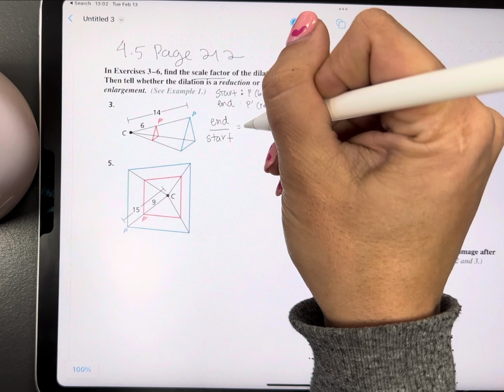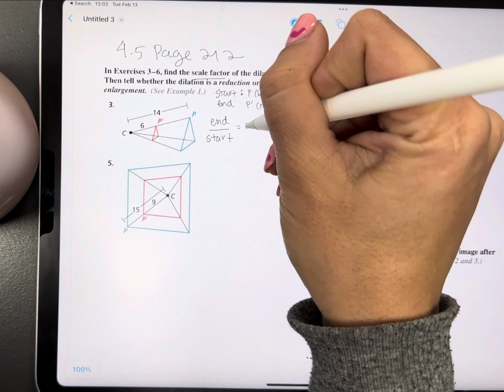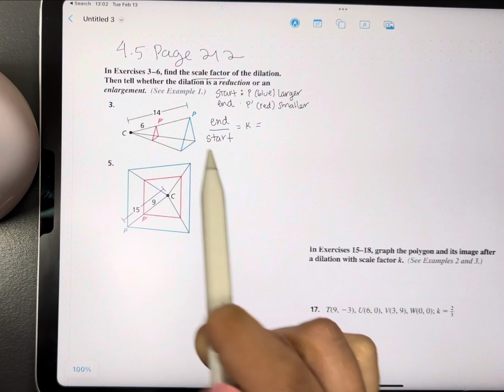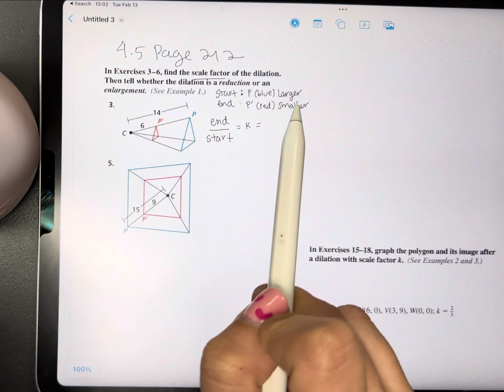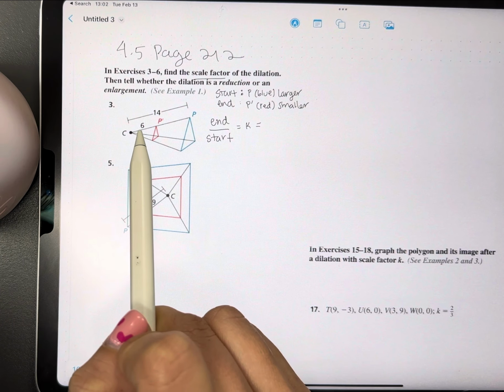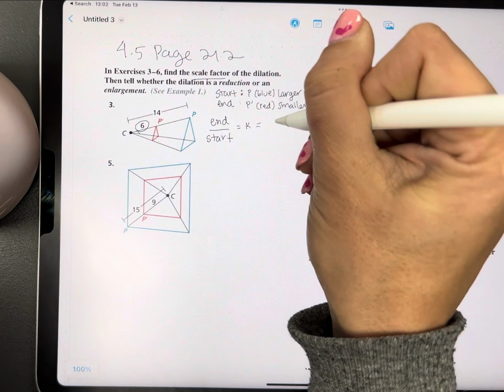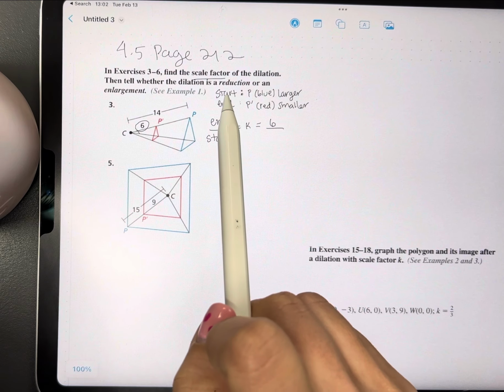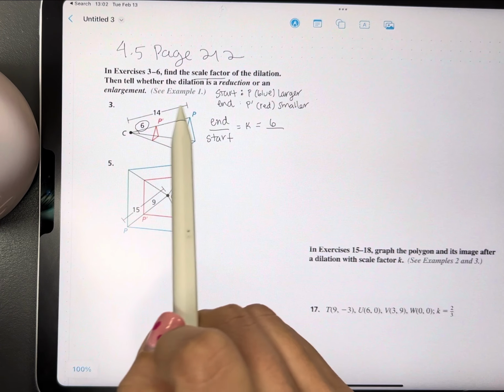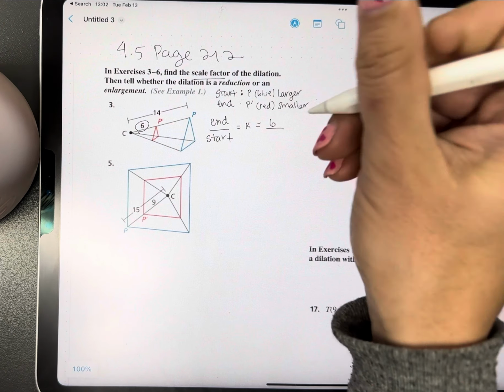That is K, the scale factor. So where we're ending is our red, the smaller, that's 6, over where we began, the start, the blue, the larger, the full 14 right there.